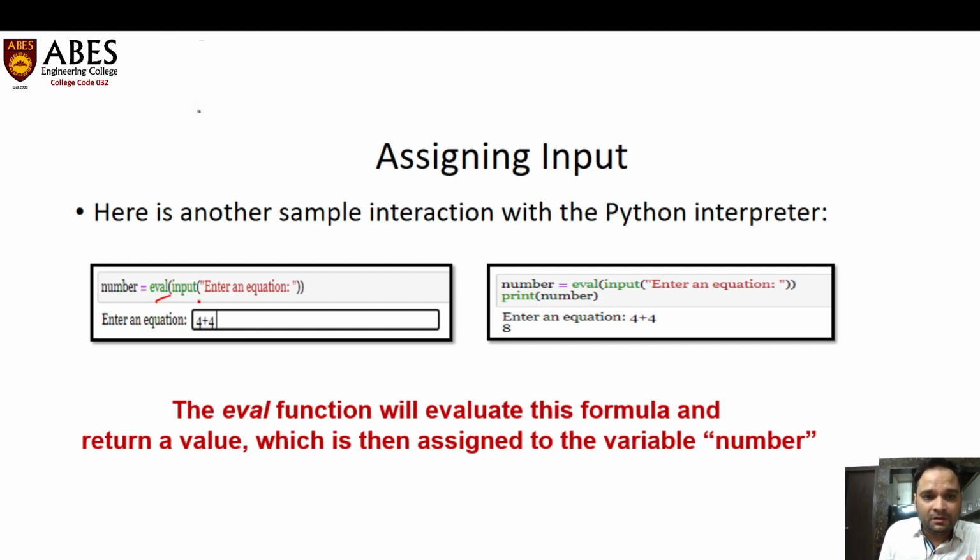When we execute this, the prompt will ask the user to enter the value, and we enter 4 plus 4, and it will return the output 8 in the output window. See, this eval function did not return the output as a string, it returned the output as an integer, because it evaluates the expression whatever we are entering inside the prompt.